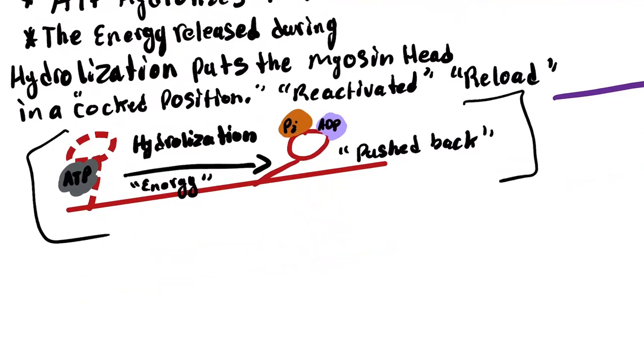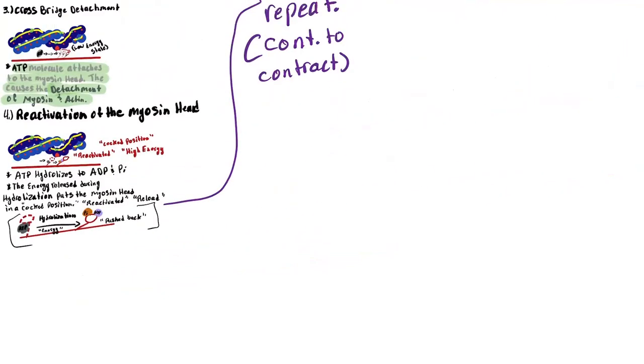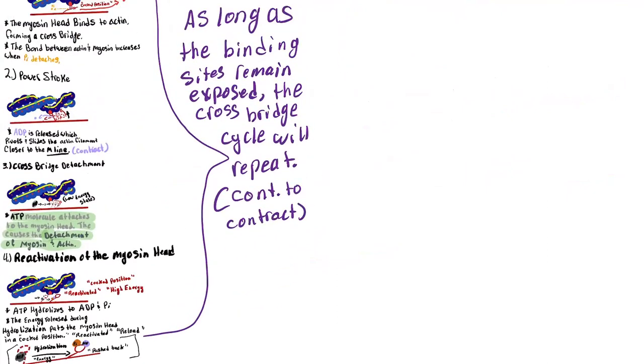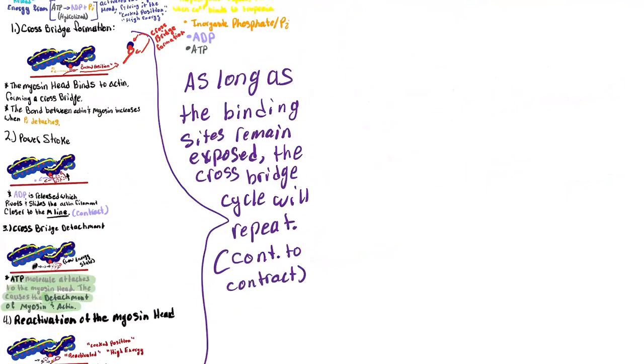So it gets pushed back, and that's going to cause the energy to be dispersed to the myosin head. And then it's a whole cycle. So this continues over and over and over again during contraction.